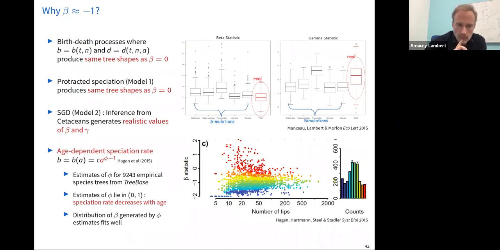Now, if you look at model 2, speciation with genetic differentiation, you can see on the right panel, top right, that the simulations that we made with our model, with the parameters that we had inferred from real data, are similar to the real values of the statistics that are observed in empirical trees.